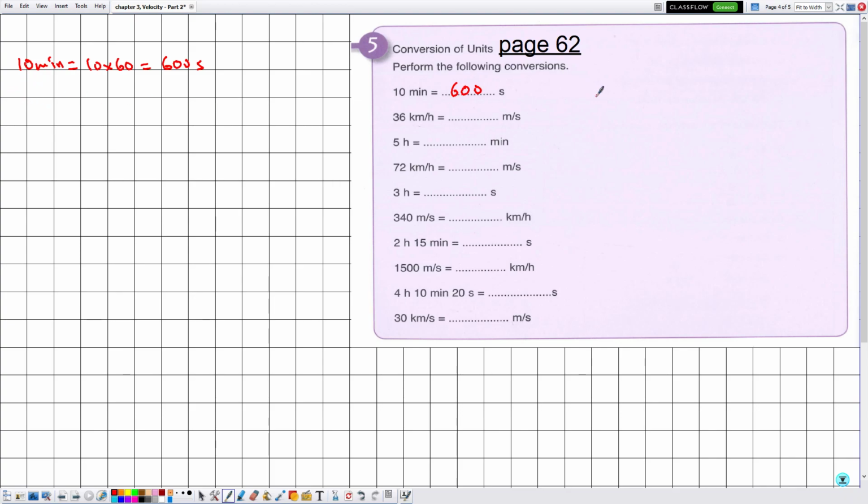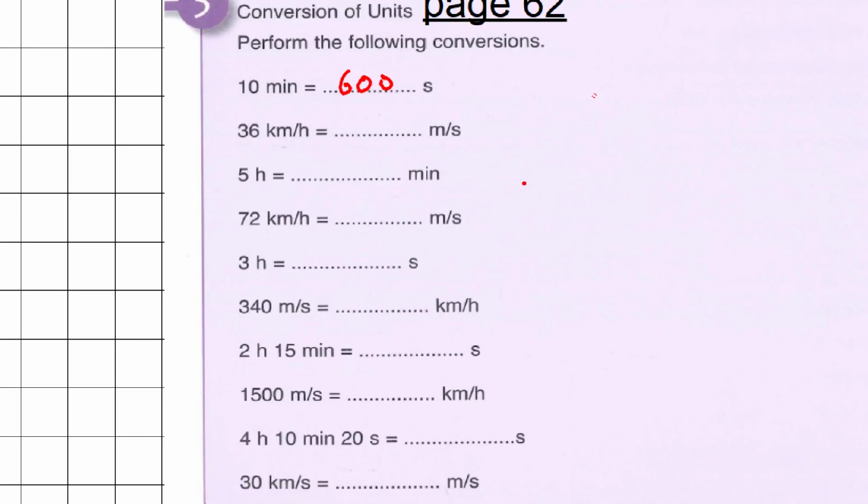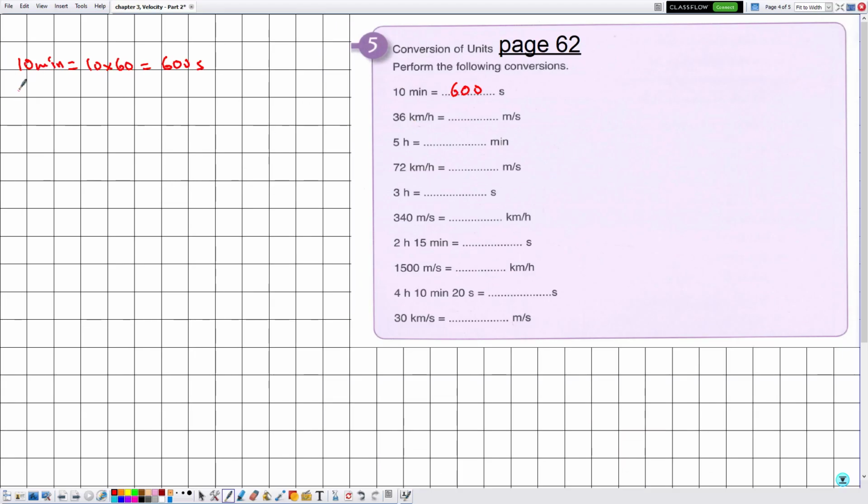Now, as for kilometers per hour to meters per second, we simply divide by 3.6. Then 36 kilometers per hour is equal to 36 divided by 3.6, and this is 10 meters per second.